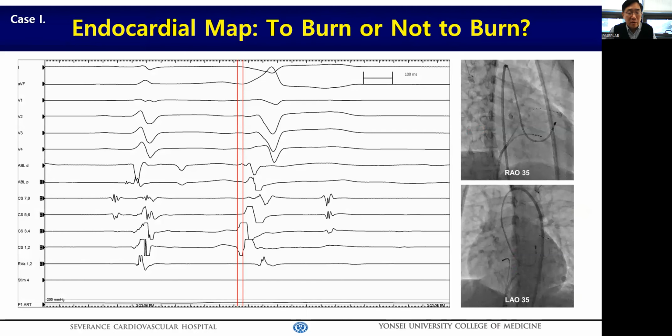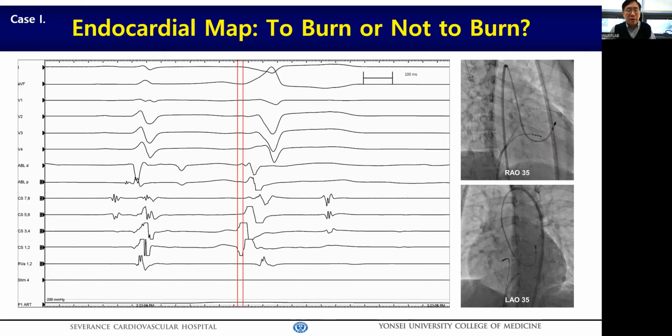So we mapped the endocardial area carefully with an ablation mapping catheter, and you can appreciate a far field V potential near the epicardial earliest activation site. So when you map intramural or epicardial foci from the endocardial side, you have to carefully observe the far field potential like this.